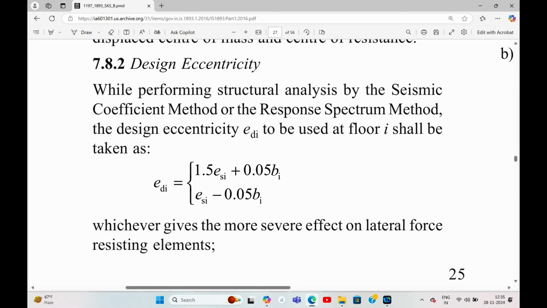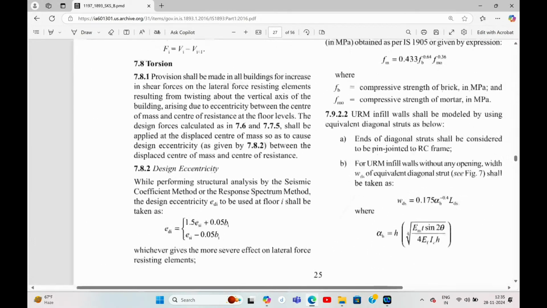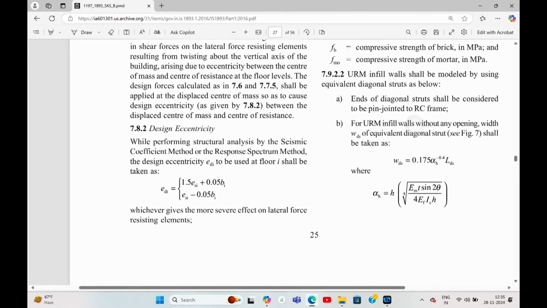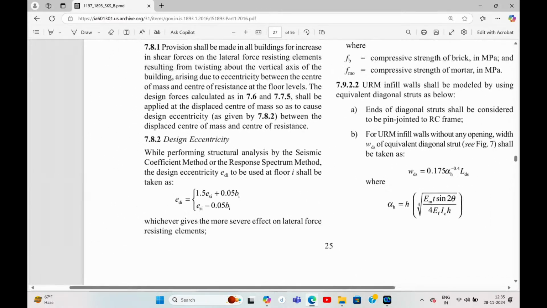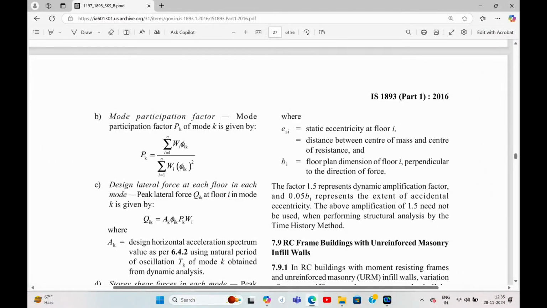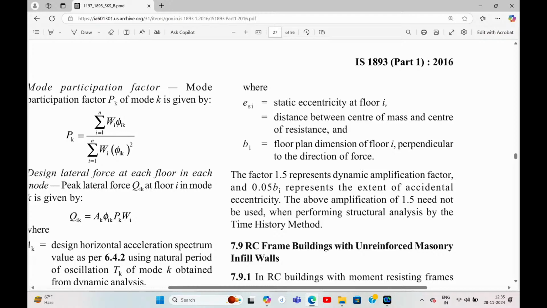Yes, sir. Okay. Now you just write down. Have you written this formula? Yes, sir. Okay. Now where ESI is equal to static eccentricity at floor I. You write down this also.